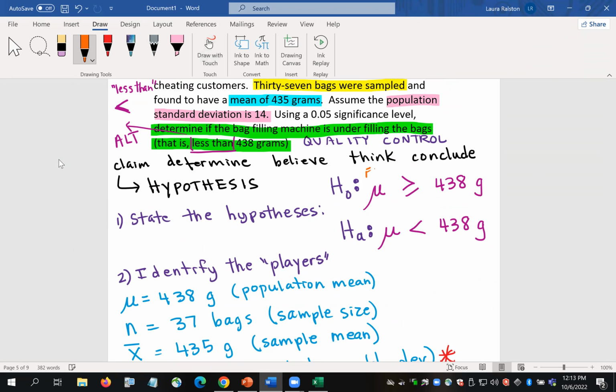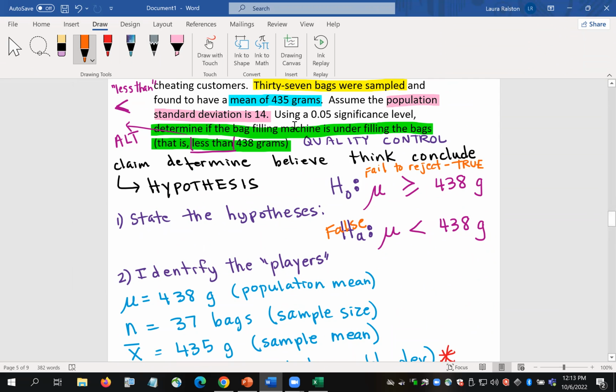If I fail to reject, that means the null is true, and by default the alternative is false. So I've got to write my conclusion such that it indicates that I'm putting either exactly 438 grams or a little bit more, because I have failed to reject the null.